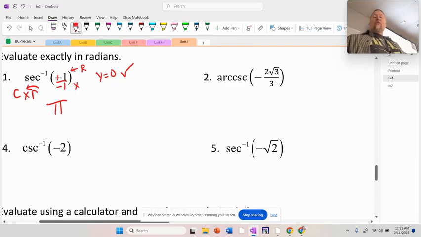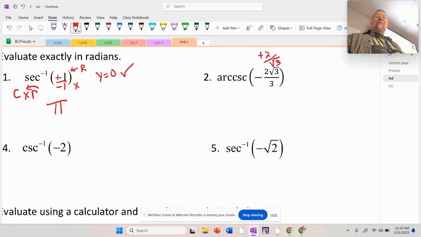By the way, where does -2 root 3 over 3 come from? -2 over, anyone? Root, anyone? 3. This is how I did this last year and all the years past. I would get my ratios unrationalized, and cosecant is related to sine, so this is y over r. And it's over... who is opposite y? The reference angle. Who is opposite root 3?